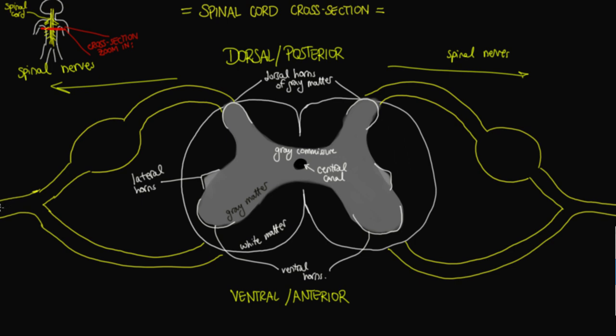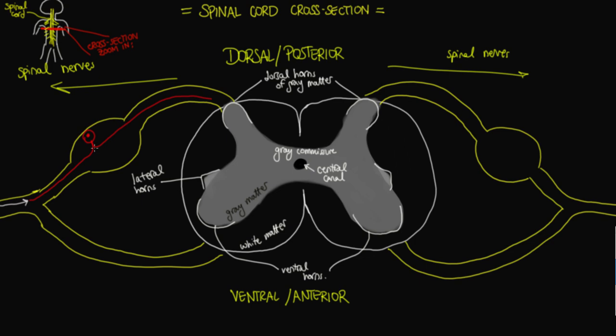And this sensory information usually comes in through the spinal nerves from the corresponding region of the body, and it comes in via a sensory neuron. And so a sensory neuron is typically what we call unipolar because it contains a cell body that has one process exiting out of it.